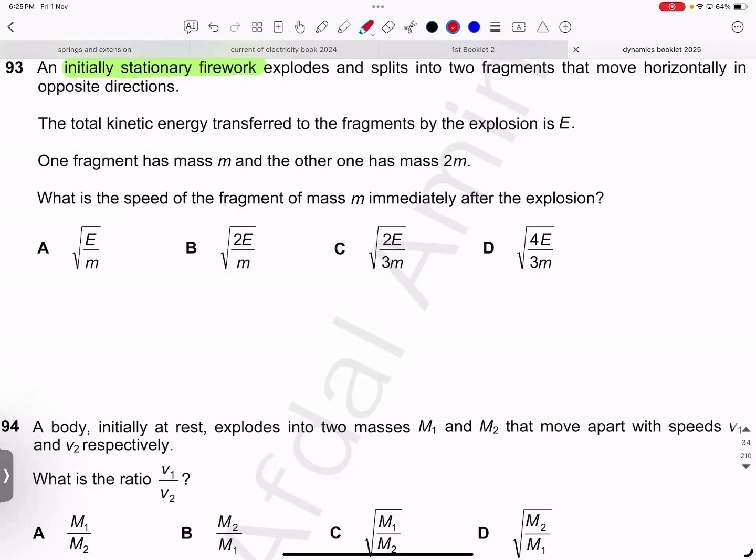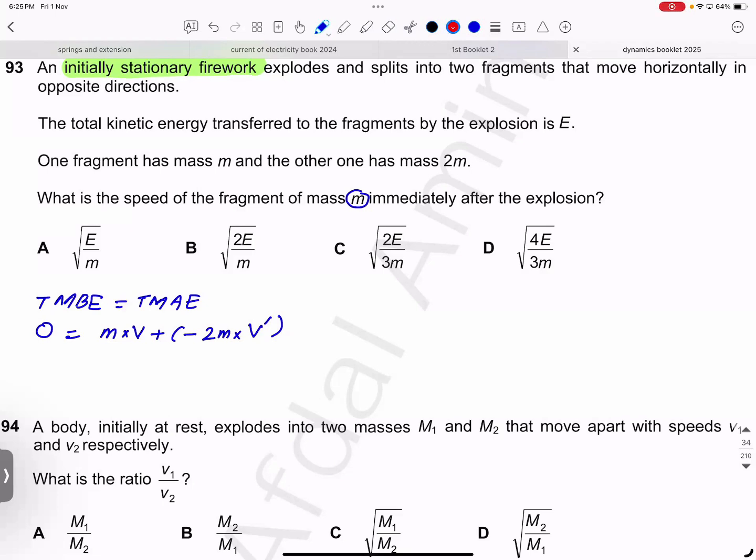Can I say total momentum before explosion is total momentum after explosion, 0. So for m, I will use speed v, plus negative 2m, I will use the speed v dash.